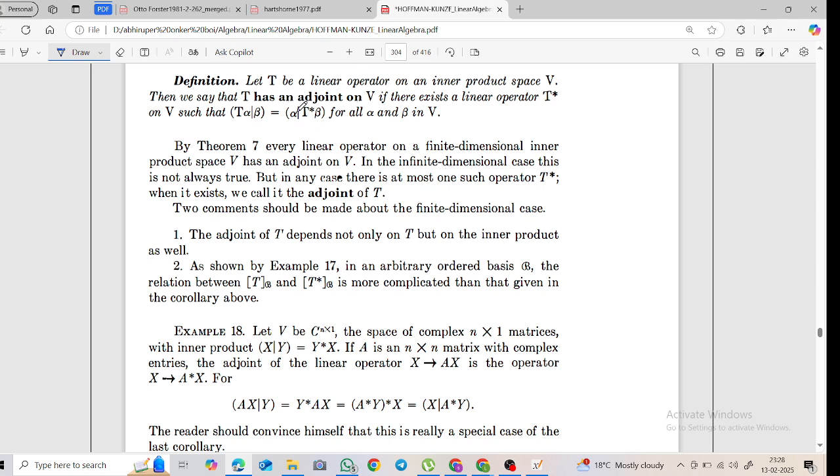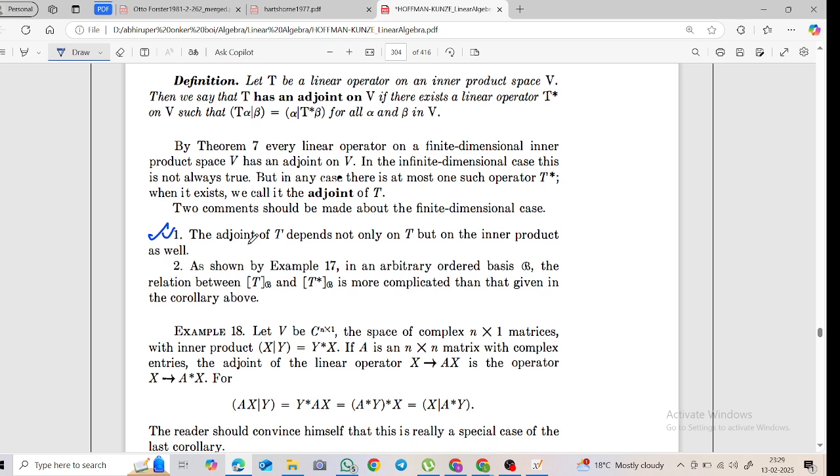Yes, this T star is called the adjoint of T. By theorem 7, every linear operator on a finite dimensional inner product space has an adjoint, called the adjoint of T. Yes, this is a very important thing.